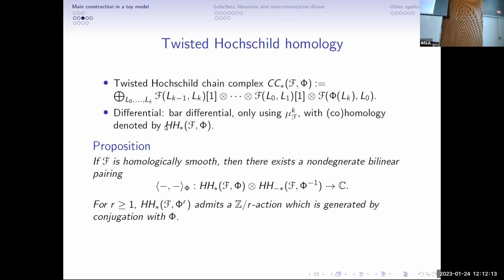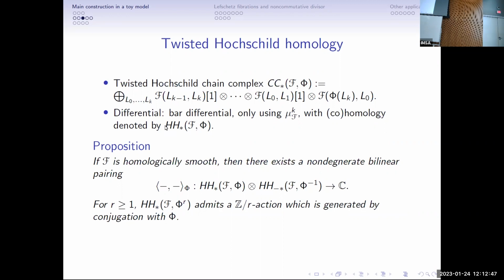Let's just apply phi to every column listed there, and then re-index the objects L0 to Lk to be phi L0 up to phi Lk. You can see that this also produces a Hochschild chain. So that's the given conjugation action on the Hochschild chain complex. And we can prove that the r-th self-conjugation is actually the identity. So that's why it has a Z mod r action.